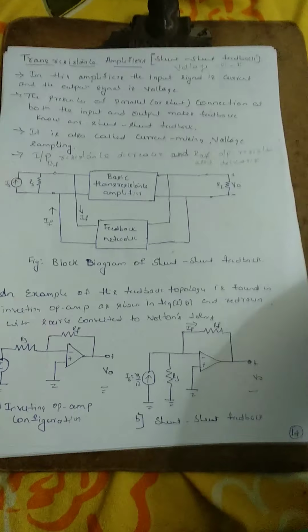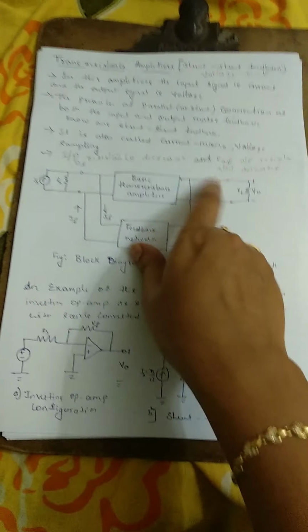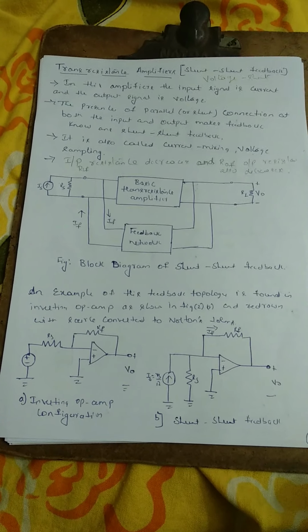So this is the feedback block diagram of a shunt feedback, where both the input and output are connected in parallel.